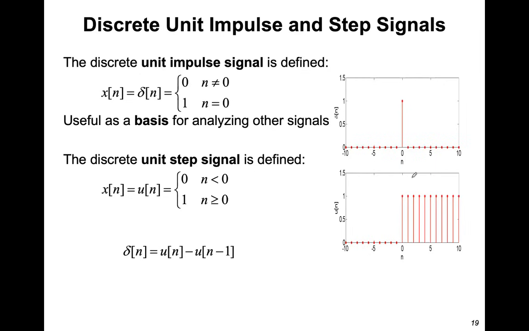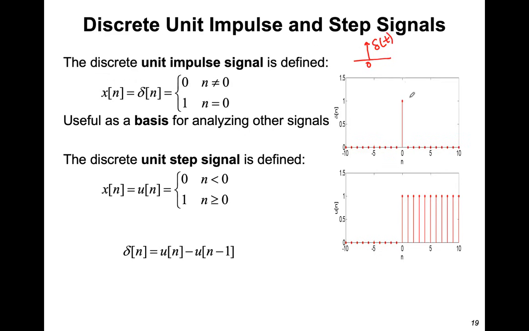Now let's go into unit impulse and unit step signals for the discrete time case. It is important for you to understand, this was my discrete time representation, and I say Dirac of t.